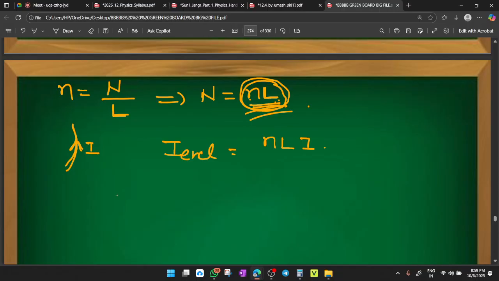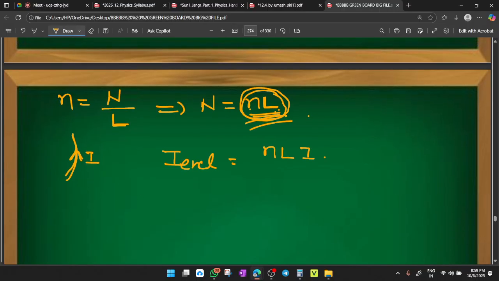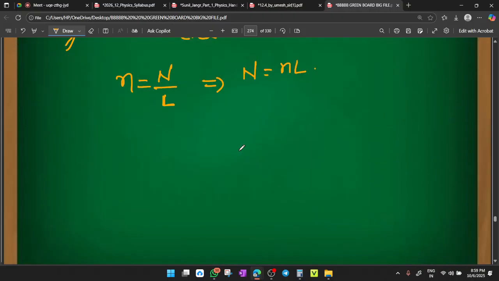So check here: the number of turns per unit length equals the total number of turns upon the length, that is capital N by L. So from here, capital N equals small n into L. So the total number of turns equals small nL.